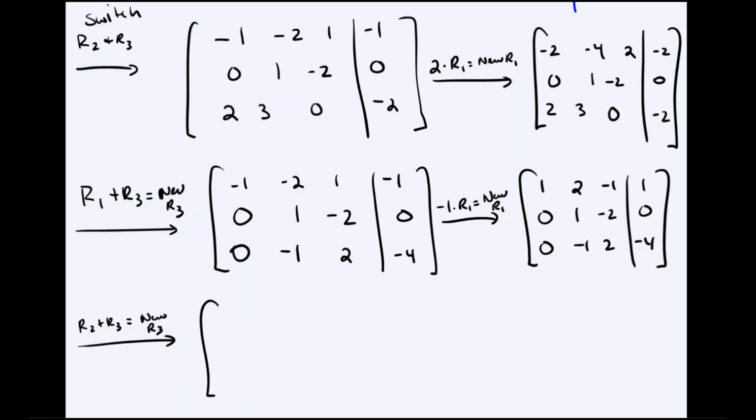So we would take term by term. 0 plus 0 is 0. -1 plus 1 is 0. -2 plus 2 is 0. And then we get 0 plus -4 is -4. The other rows remain the same.